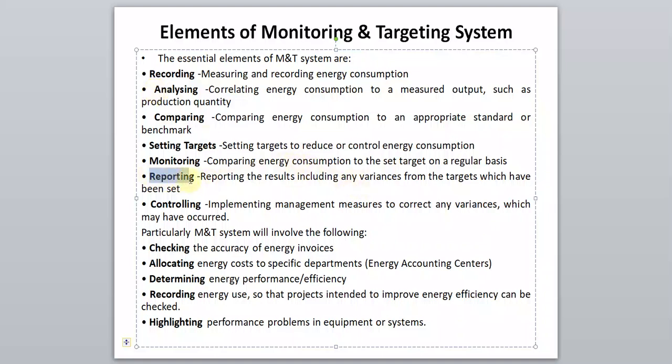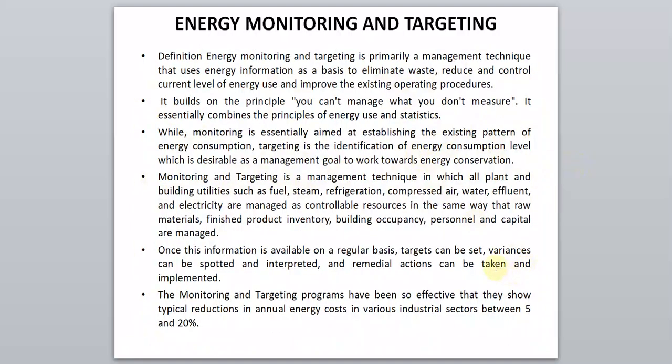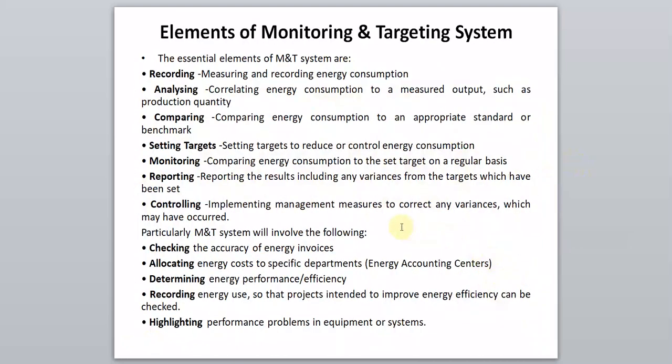Next is reporting. Here there is a term called variance, which we have already seen. Variance is nothing but an error or a difference between the actual value and the desired value. So we have to report the variances to the top management.